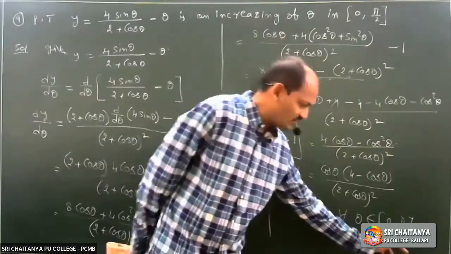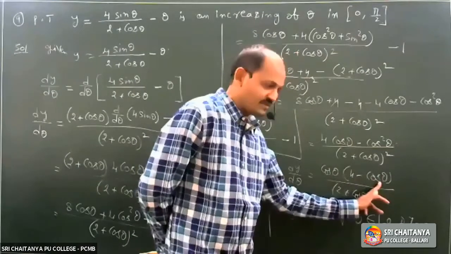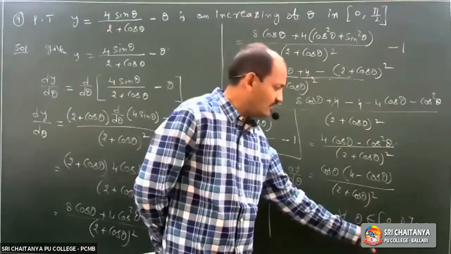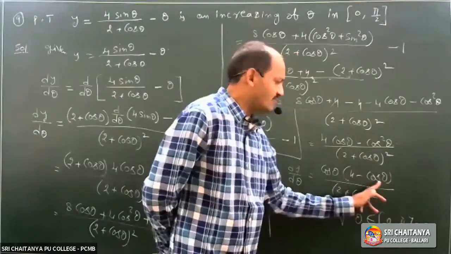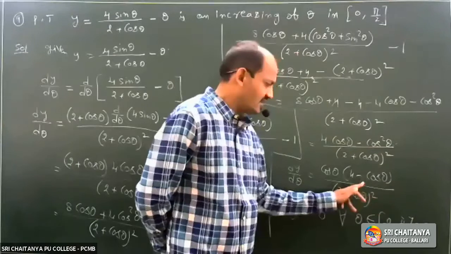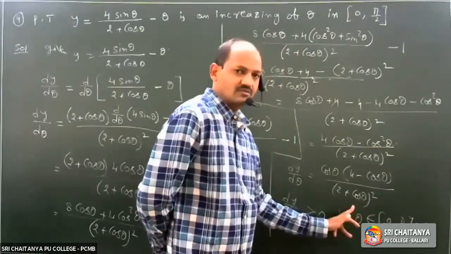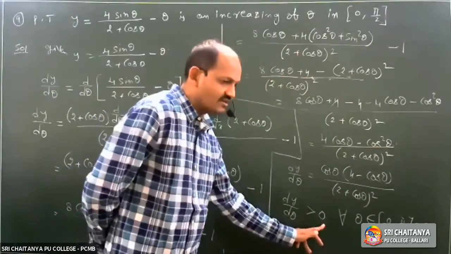It is the first quadrant, so cos is positive. 4 minus cos: cos 0 is 1 and cos 90 degrees is 0, so it is 4 minus 1, that is 3, positive. So we get dy by d theta greater than 0.